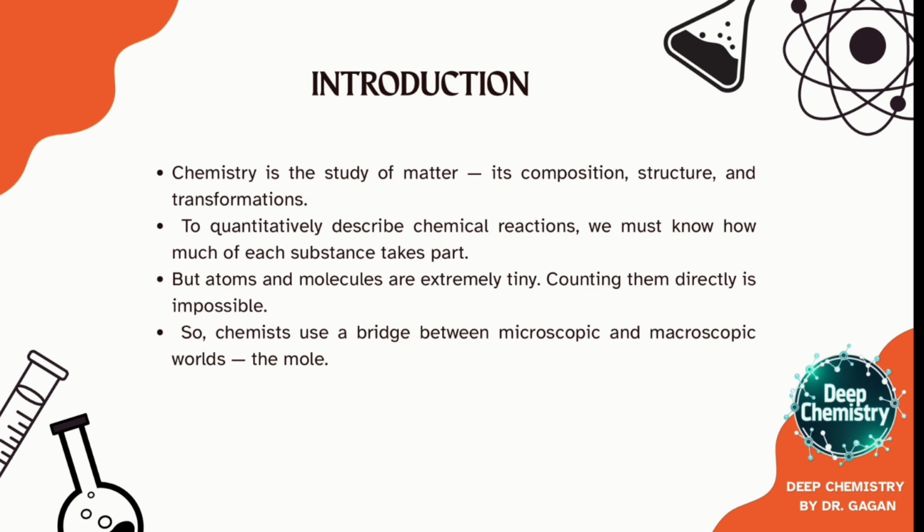Alright, imagine this. You are baking cookies and you need to know how many ingredients to add. In the same way, in chemistry, we need to know how much of each substance takes part in a reaction. But the problem is, atoms and molecules are super tiny.